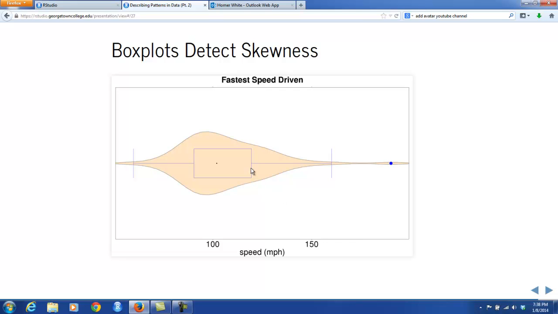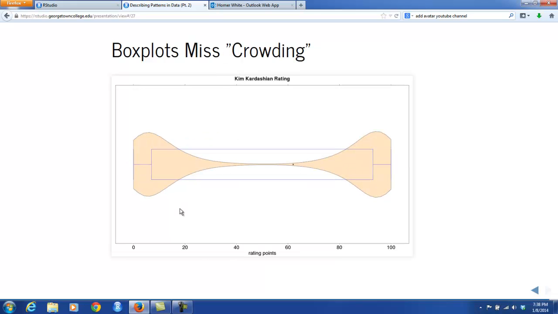The way you tell the skewness is you look at the upper whisker, and this upper 25% seems to be more spread out than the lower whisker, the lowest 25%. When the upper whisker is significantly longer than the lower whisker, then you know that the data are skewed somewhat to the right. And similarly, you can detect left skewness as well when the lower whisker is a lot longer than the upper whisker. So box plots are very useful for that kind of thing, detecting skewness.